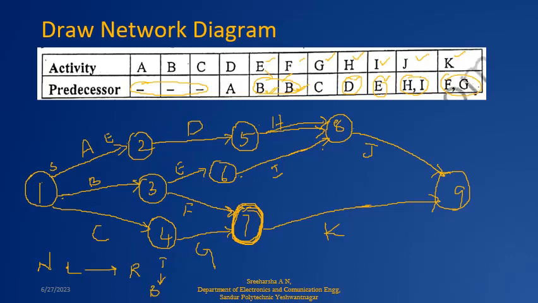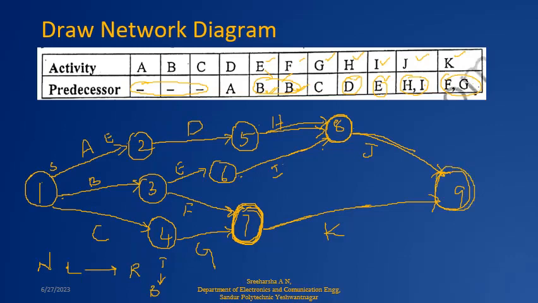Okay, so here again, if you observe, one activity is starting after the completion of H and I. So I am terminating this H and I to one node. Okay, then after completion of H and I, J starts, and after completion of F and H, K starts, and these are the terminating points and they will end here. K is the point where they will be ending.